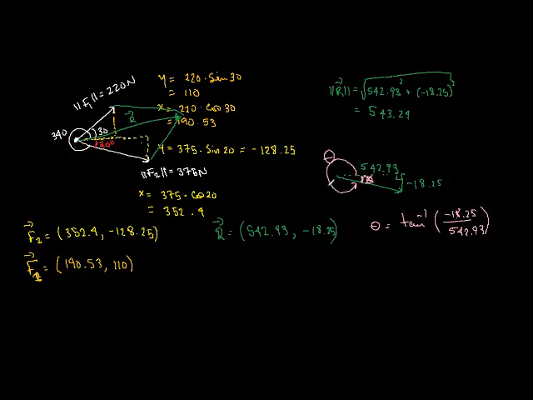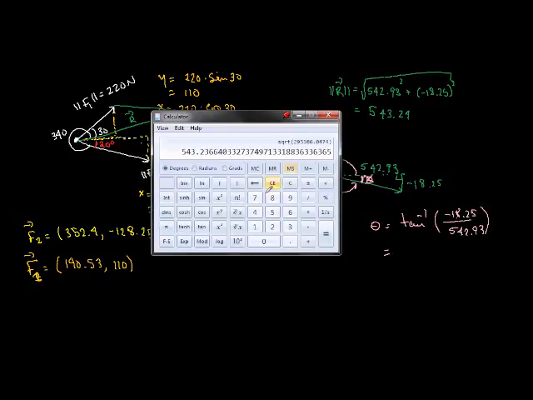so the counterclockwise direction. And on our calculators, we do negative 18.25 divided by 542.93 equals, and now let's take the tangent inverse of that. It gives us negative 1.9 degrees, approximately negative 2 degrees.